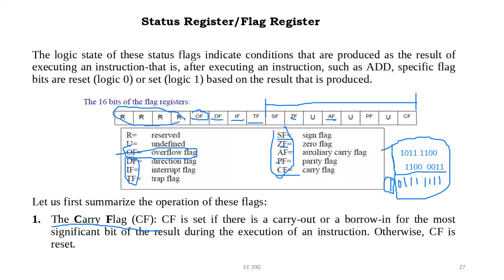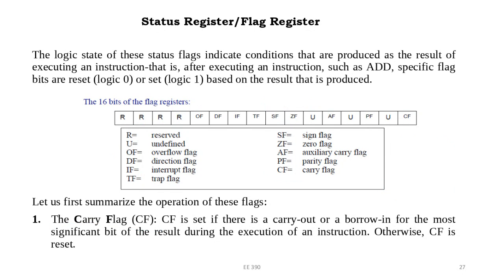So a carry out or a borrow happens during the subtraction case. Let's see an example. Okay, a small number, for example 4-bit: 1 0 0 0.